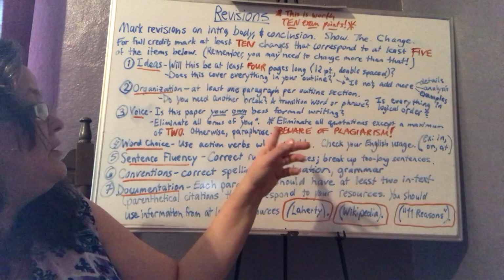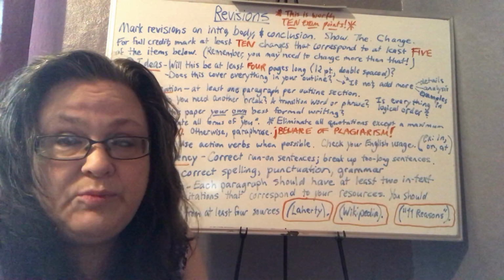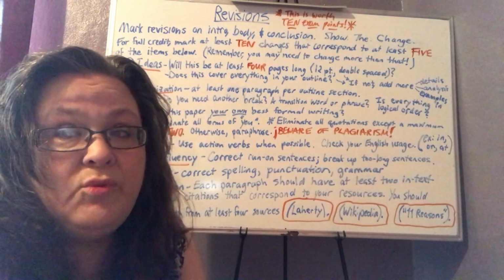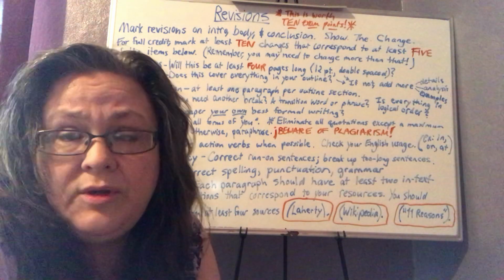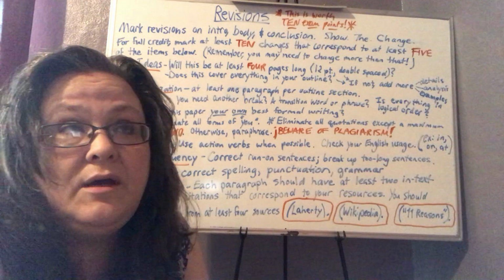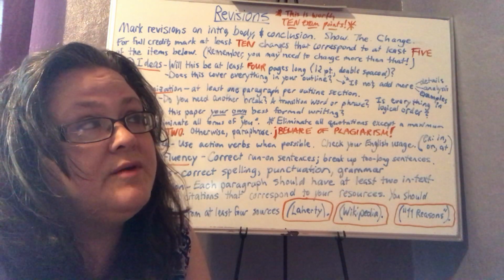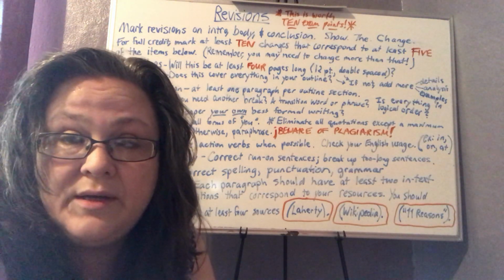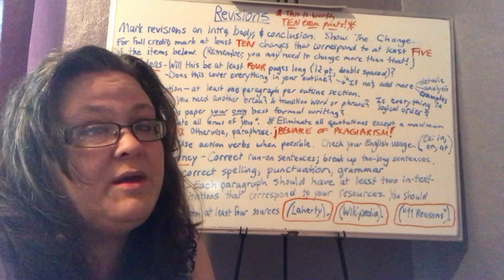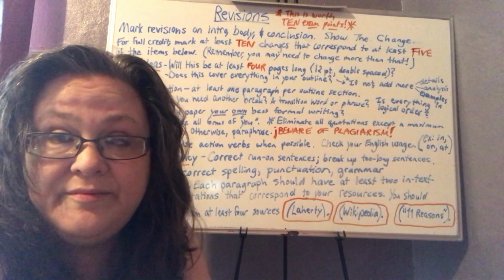Okay. Eliminate all quotations except a maximum of 2. You should not have multiple quotations. If you have more than 2, you need to paraphrase one of them, at least. Really, the only thing you should be quoting is if someone is an expert about your topic, or if somebody is a political figure that has power about your topic, or maybe a well-known person that's put out a public statement about your topic.